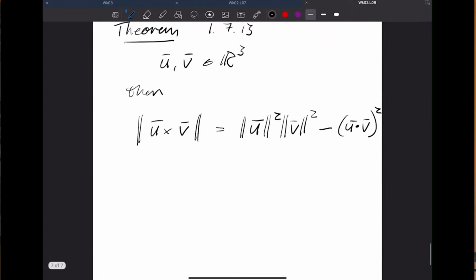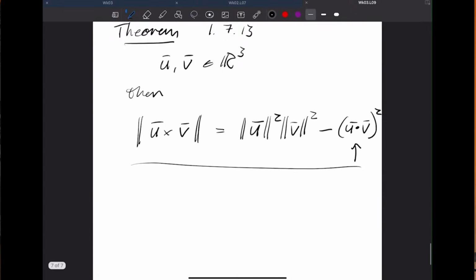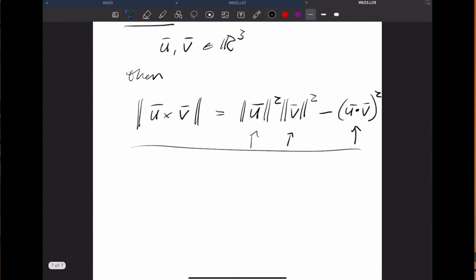Okay. And this is not very difficult to prove. All that it is, is a little bit of tedious algebra and using the definition of the dot product, the cross product, and the norms of vectors. And notice here we're taking the norm of the cross product. Why are we taking the norm of the cross product? Because it is a vector.